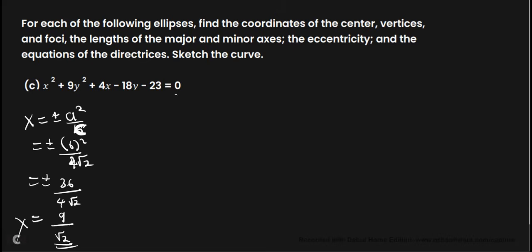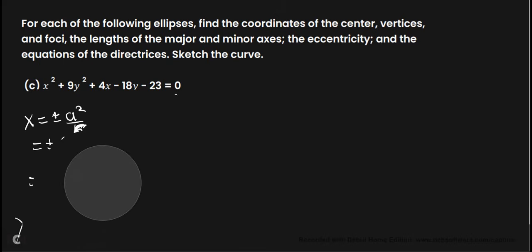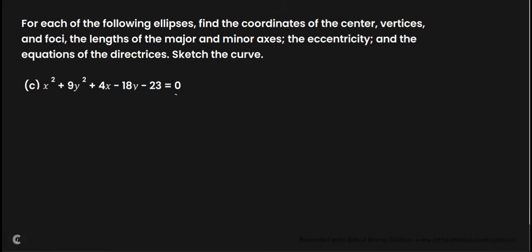So the plotting for this one will be like this, right? Let's check out what was the center. When you know the center, it is a very easy way to plot. So what was your center in this situation? We got the center to be negative 2 comma 1.